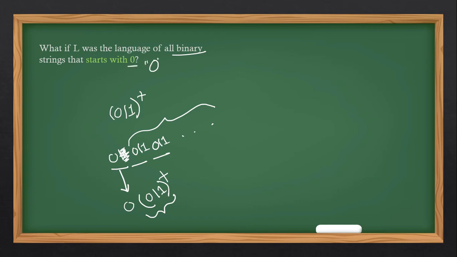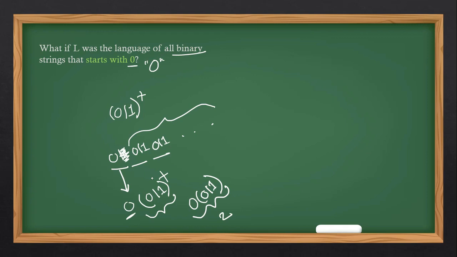So the string 0 is in this language. But if we put a positive closure here, I'm going to get a 0 from this symbol, and I have to have a 0 or 1 from here, because this is at least 1 occurrence. So I will have at least one of this, which is giving me a total length of 2. Where is our 0? So the string 0 does not match with this expression, and that is a violation of one of our conditions. Every string that is in the language must match with this expression.